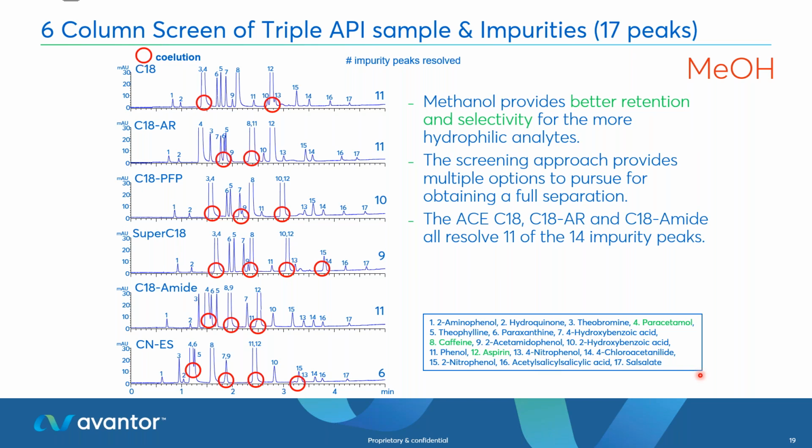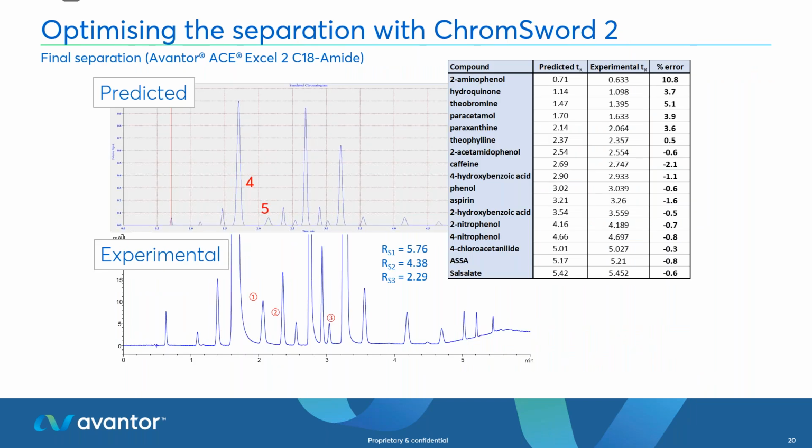Here we struggled to do the method development online, so we actually took it offline and utilized some modeling software, which helped us to predict which conditions, and in this case a modification of the gradient method, to give us the best separation, in this case on the C18 amide chemistry column with methanol mobile phase.